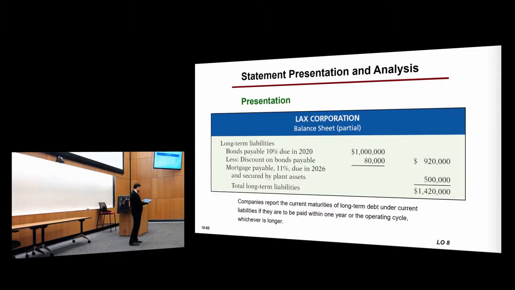Okay, so this is 11% due in 2026 and secured by plant assets. So this is a mortgage, more or less. It's a mortgage because it's secured by assets. As you remember, the long-term liabilities that are due within a year will be listed under the current liability section.